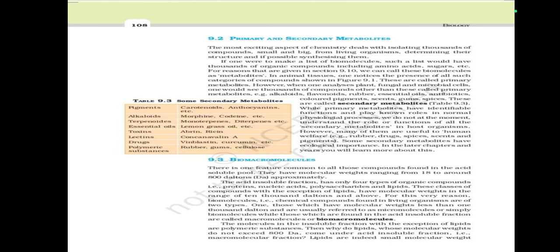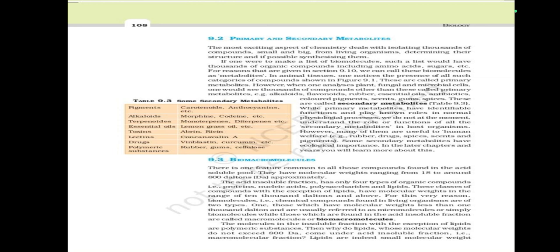The acid insoluble fraction has only four types of organic compounds, that is proteins, nucleic acids, polysaccharides, and lipids. These classes of compounds, with the exception of lipids, have molecular weights in the range of 10,000 daltons and above.